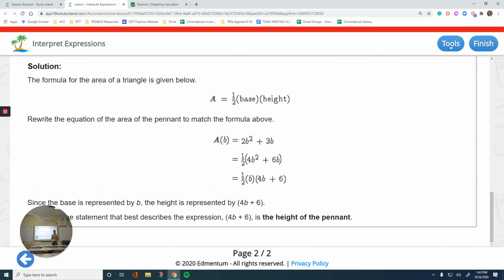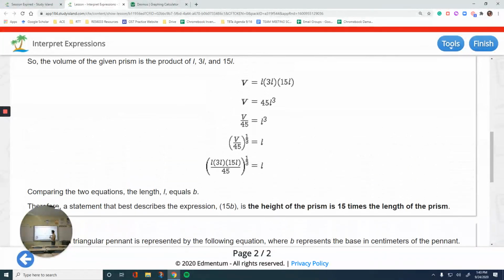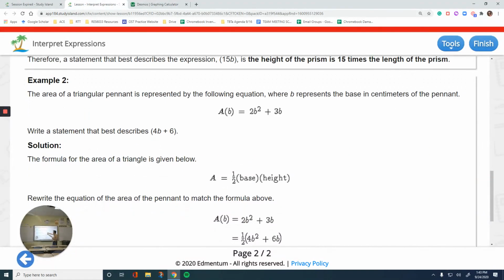This one did not look like an area formula at all, but what I did, I factored out the 1/2, and then I factored out the b, and then I ended up with a formula like this, so the answer was height.